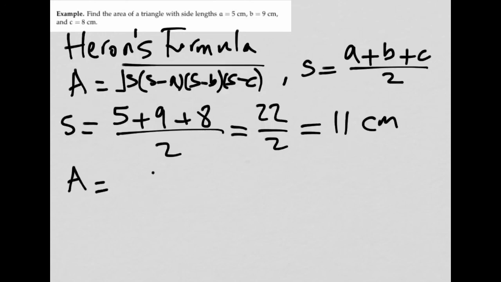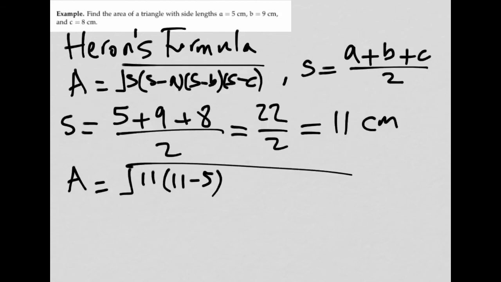So the area is the square root of 11 times 11 minus 5, that's s minus a, 11 minus 9, that's s minus b, 11 minus 8, that's s minus c.